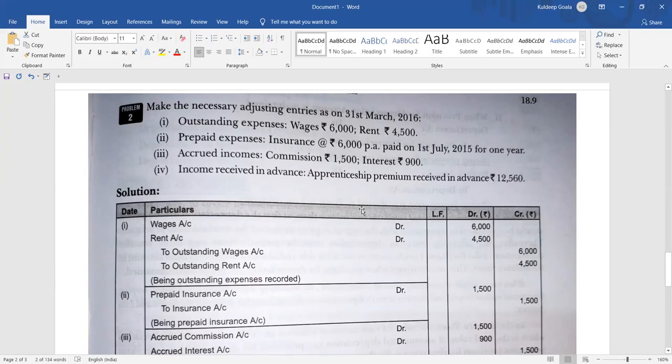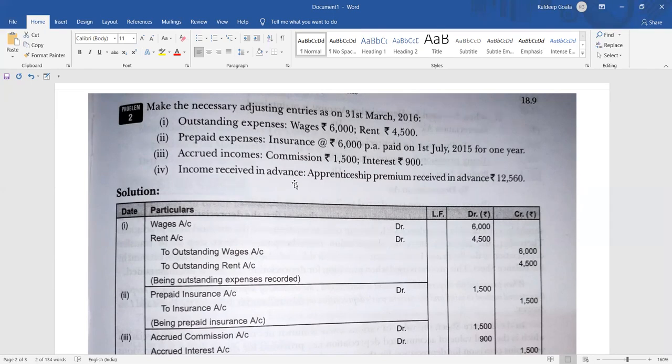Income received, but the work has not been done, since it is in advance. Once this income is received in advance, it will be shown as a liability, and a liability will show a credit balance.